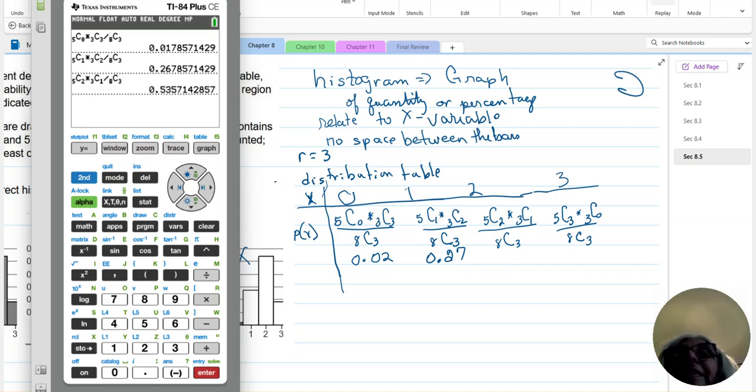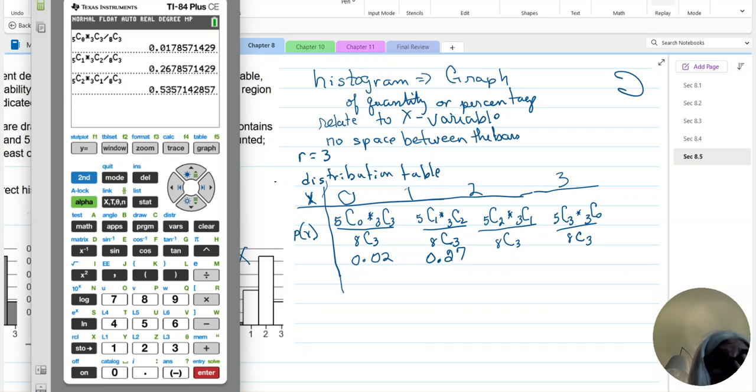So when I do that, I get the value, and I have here 5, 3, 2, and 1.